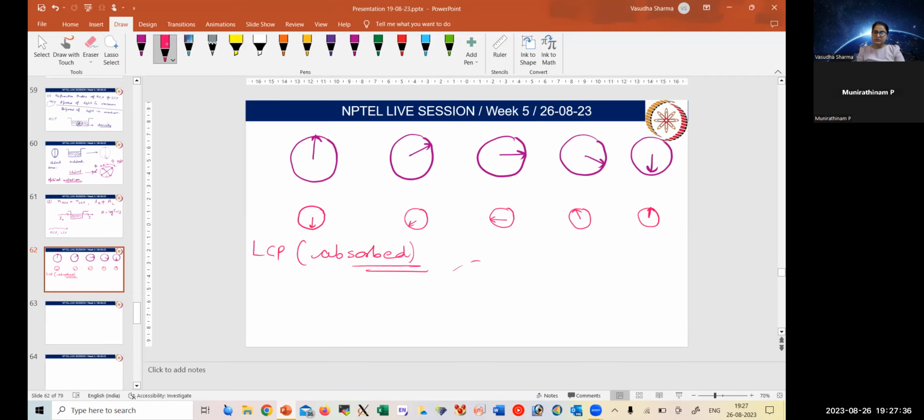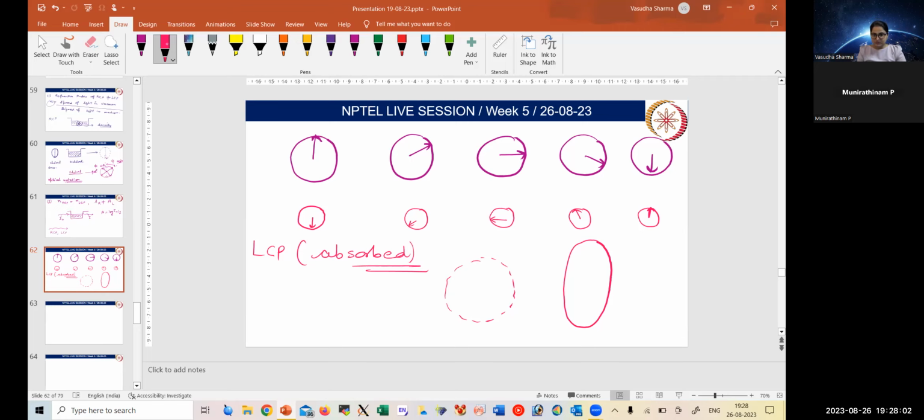Earlier it was a circular motion, as expected when absorbance has not happened, but now it will come in an ellipse form because it is no longer going in a circular motion. Because of the LCP and RCP and some absorption happening, other than the circular motion, it is now showing elliptical motion.